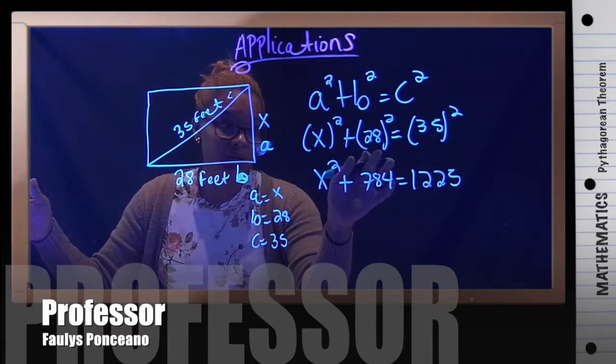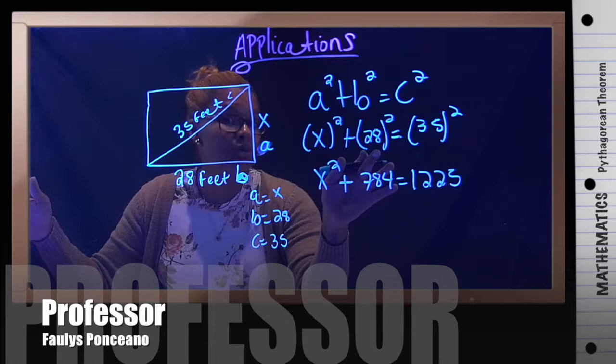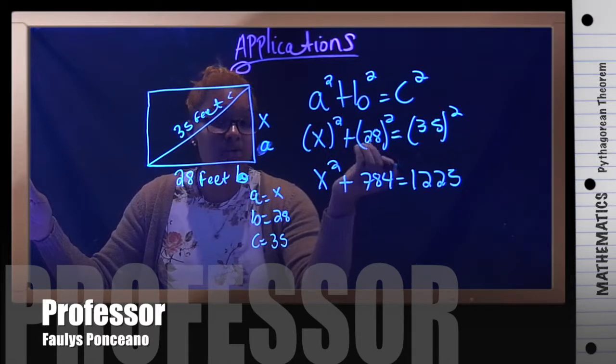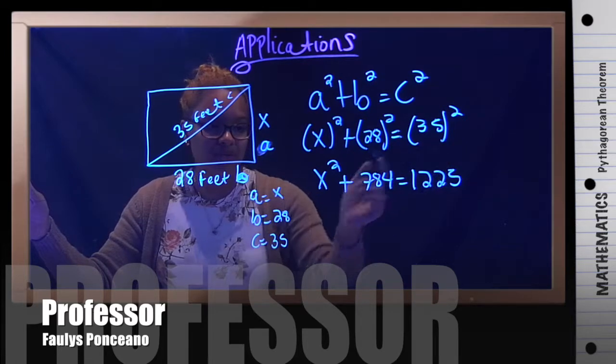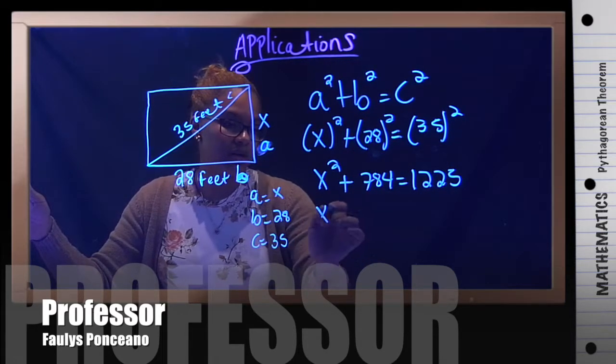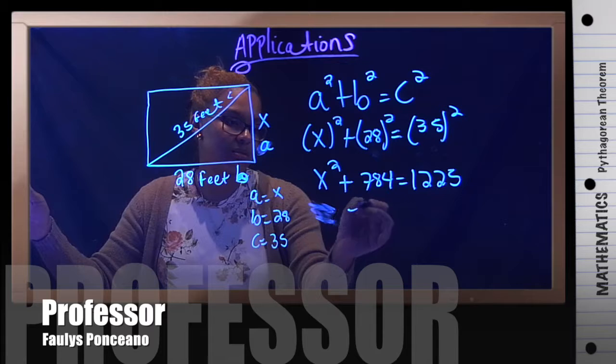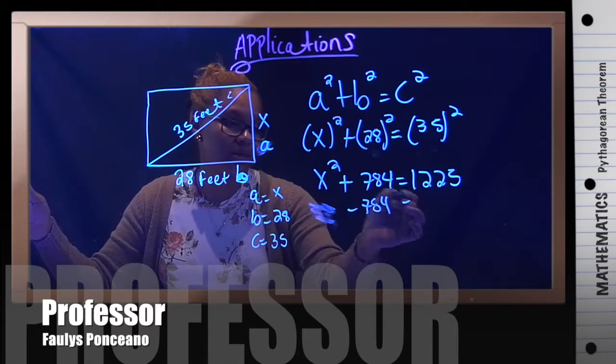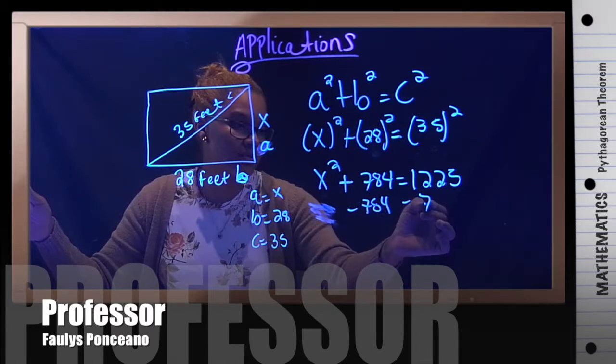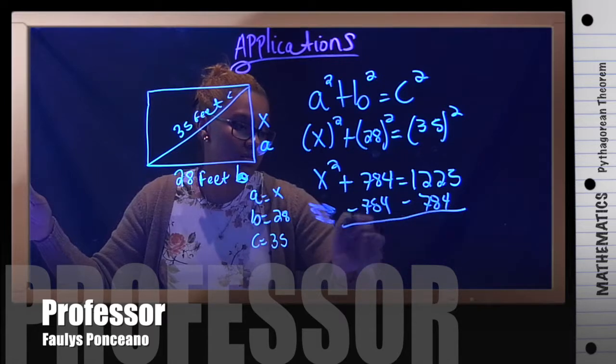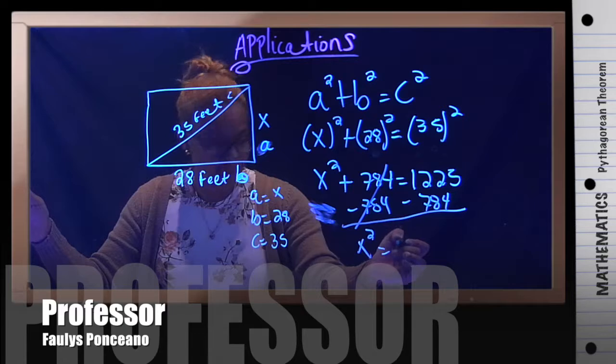So basically what I did here is 28 times 28, because 28 squared is 28 times itself, and the same for the 35. Let's subtract 784 from both sides in order to leave the x squared by itself. And this gives you 441.